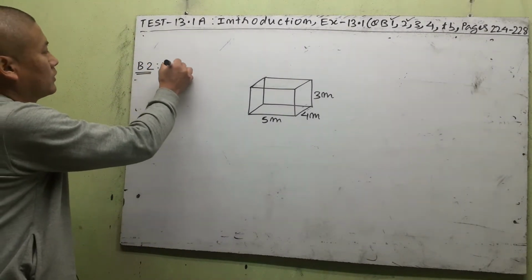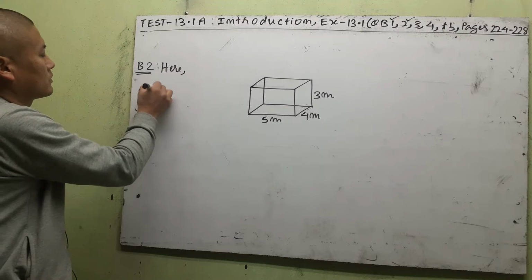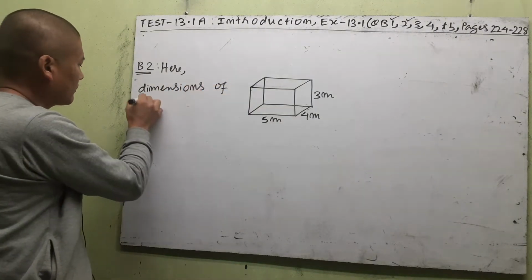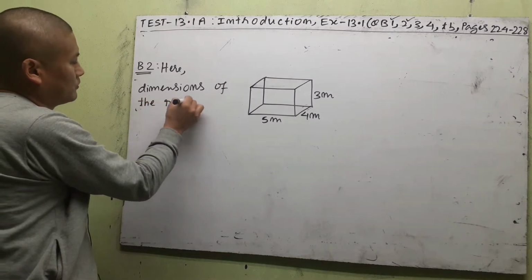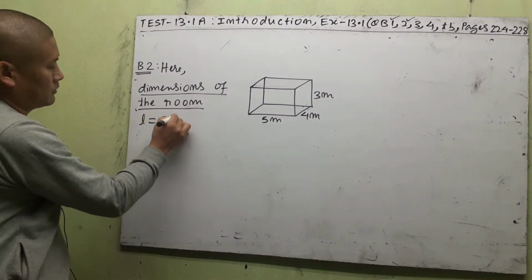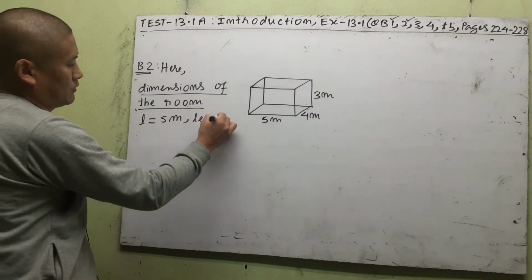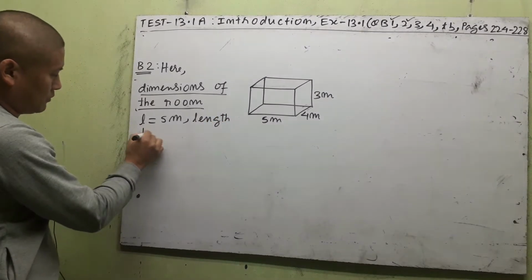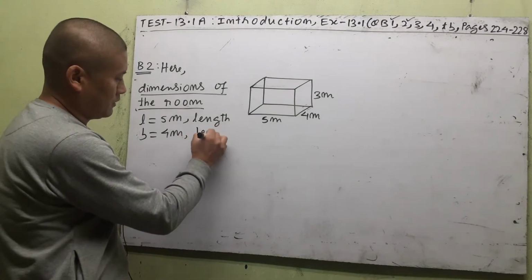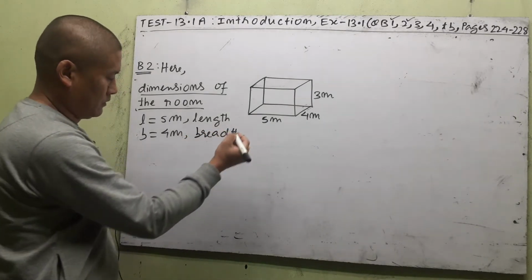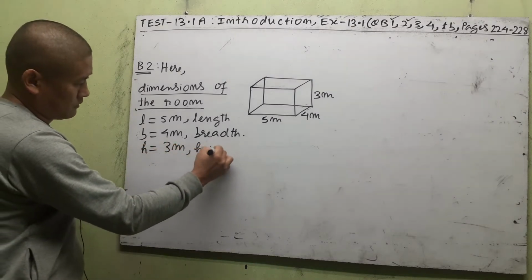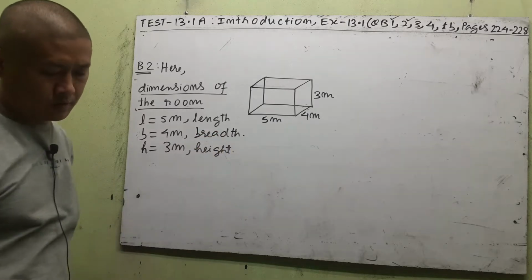So here, very clearly, the dimensions of the room mean the cuboid; room means cuboid. Length is 5 meter and breadth is 4 meter. Height of the room is 3 meter. So these are the dimensions of the room given to us.